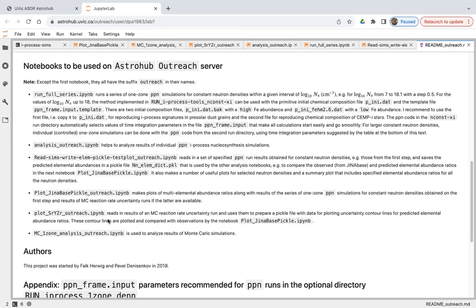And this notebook, as it says, reads results of Monte Carlo reaction rate uncertainty run and uses them to prepare a pickle file that will contain data for plotting uncertainty contour lines. I will show you how it works.